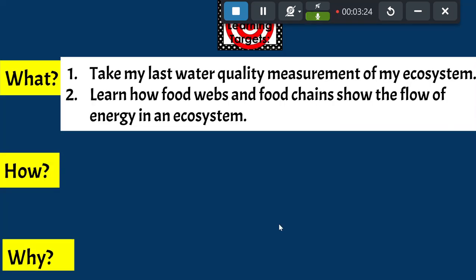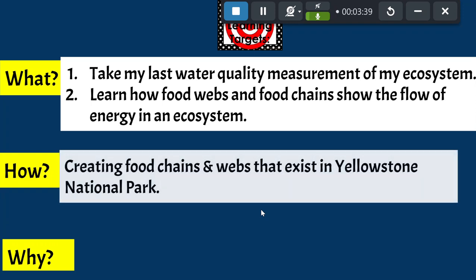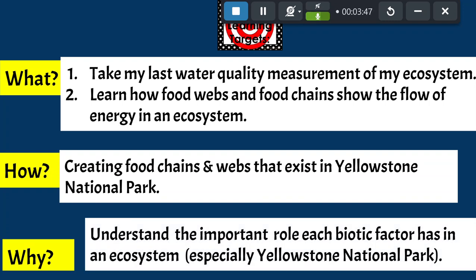So today's lessons, we're going to actually do our last water quality indicator measurements for the ecosystems. And then we're also going to talk about how food webs and food chains show the flow of energy in an ecosystem. We're going to do that by creating food chains and food webs that exist in Yellowstone National Park, because we want to understand the important role each biotic factor has in an ecosystem.